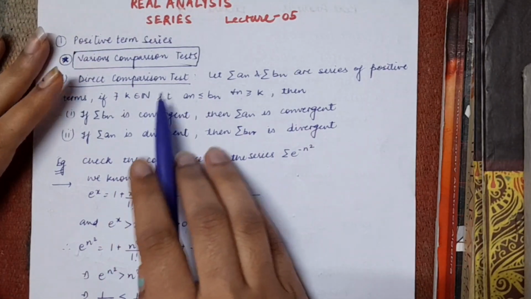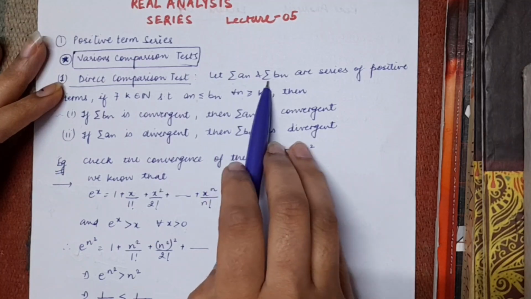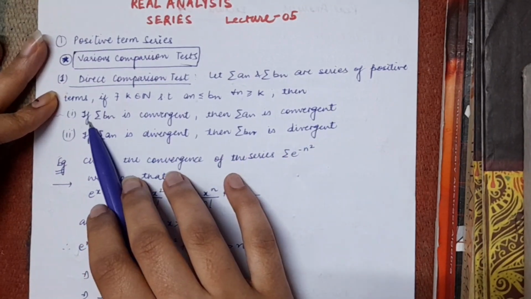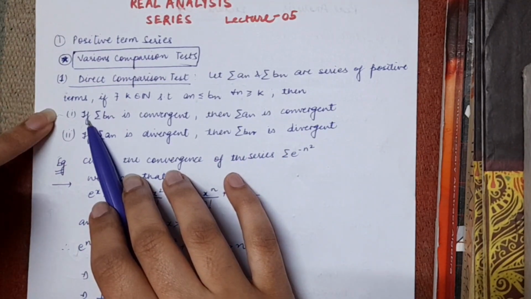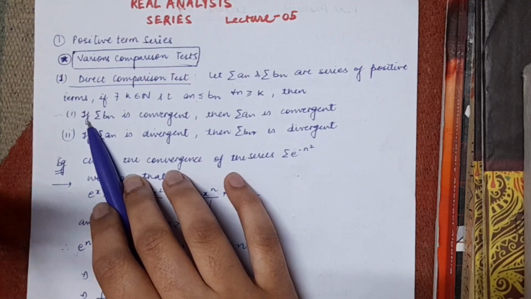Here is the direct comparison test, which says: let an and bn be two positive term series, because all of these tests are for positive term series.